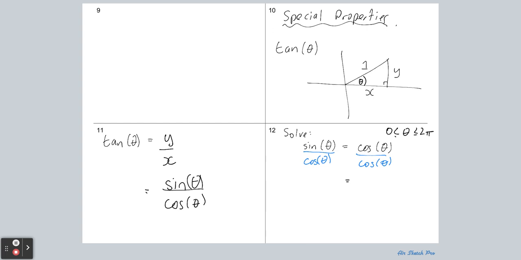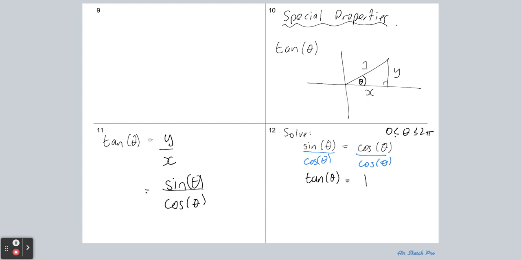Anything divided by itself is just 1, so I can replace the right-hand side with just 1. The left-hand side is sine theta over cos theta. Well, based upon the identity we just worked out, that can be replaced with tan theta. And so the new problem just becomes tan theta equals 1.